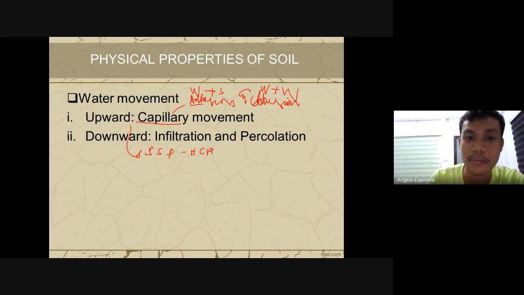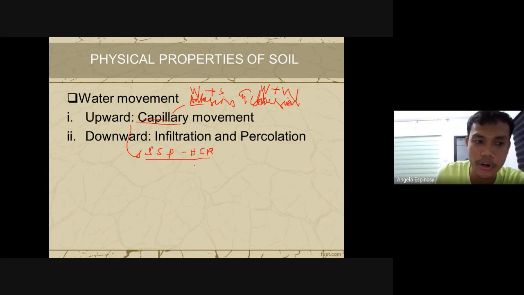Bakit? Capillary yan yung kadaanan ng liquid through small channels. Pag smaller ang soil pores, mataas po ang capillary rise sa underground water.